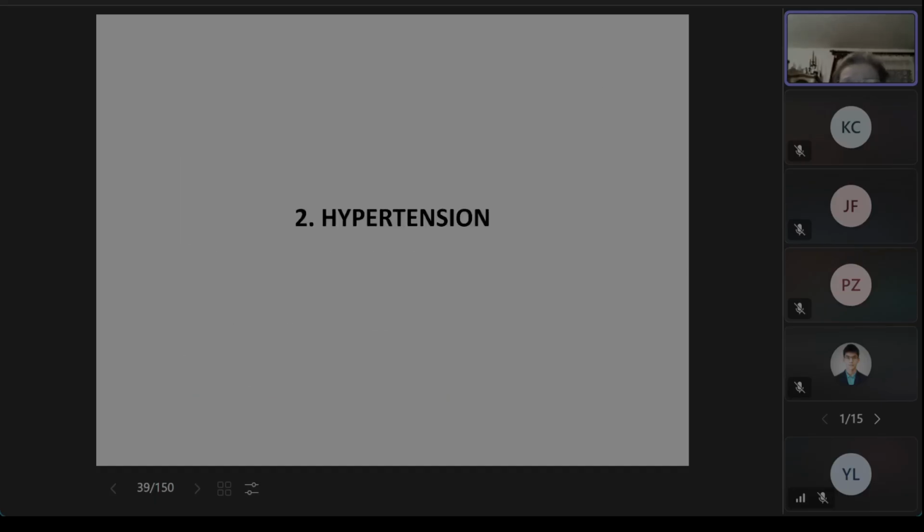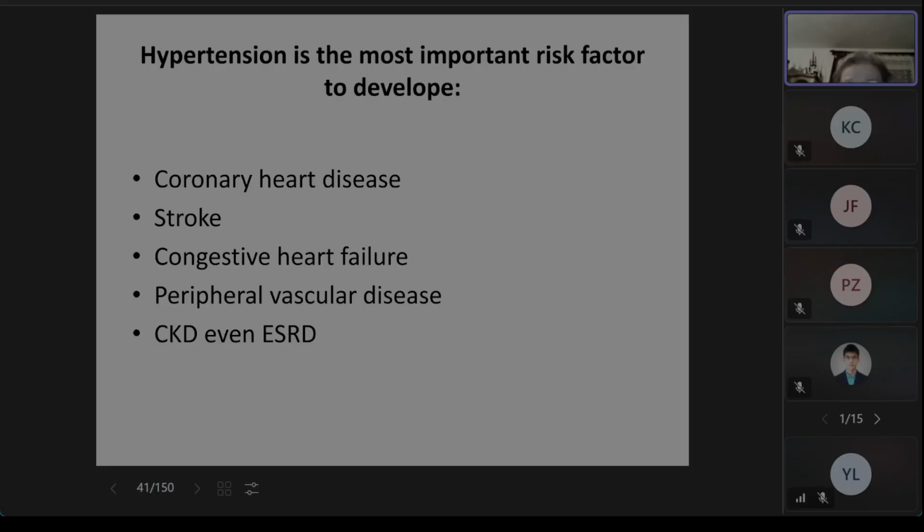Another disease connected with injury of the kidneys is, of course, hypertension. Hypertension is especially dangerous because it can lead to coronary heart disease, strokes, congestive heart failure, as well as peripheral vascular diseases, and finally to chronic kidney disease.